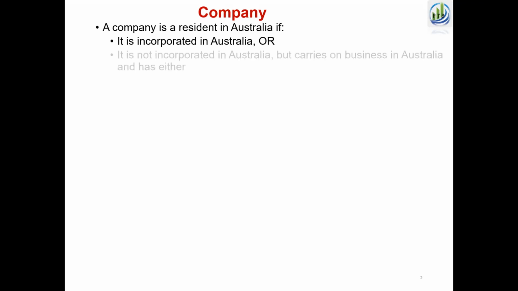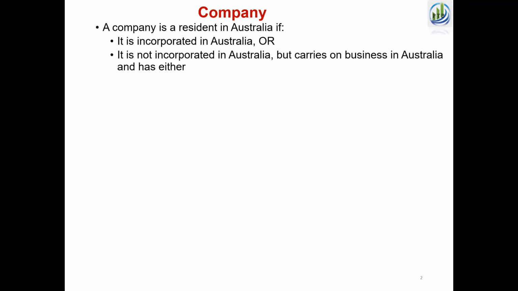Right? Second part: some of the companies are not incorporated in Australia, which means they are not registered as a company in Australia. However, they are operating some business in Australia.